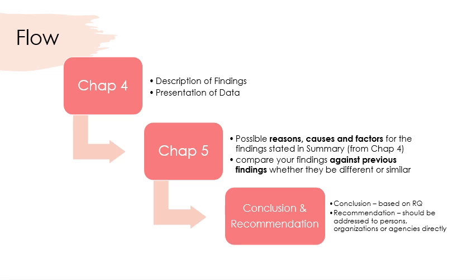So if you can see here, chapter 4 basically only talks about description of findings and presentation of data. Chapter 5 is basically the discussion of reasons, causes and factors for the summary mentioned in chapter 4, which is basically the outcome of chapter 4. And the conclusion basically comes from chapter 4 and chapter 5.